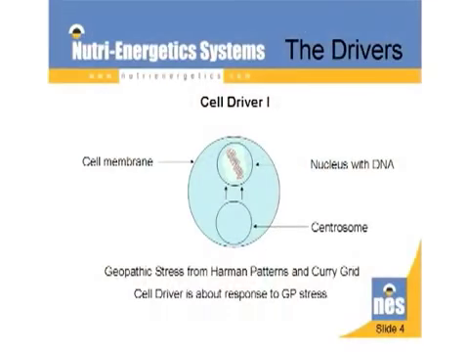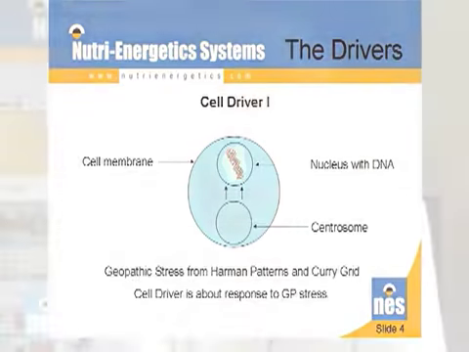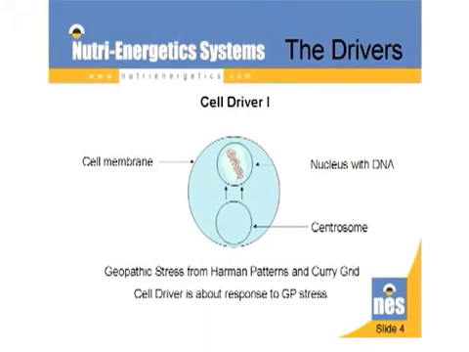Cell driver is perhaps the most important infoceutical of all, and I'm going to tell you why, or reinforce some reasons for this. And we look at slide 4. We see a picture of the cell membrane, the nucleus inside, the DNA, and we find another structure inside the cell called the centrosome.